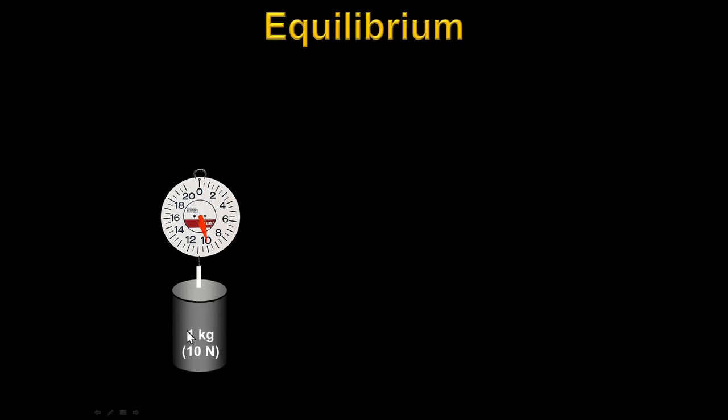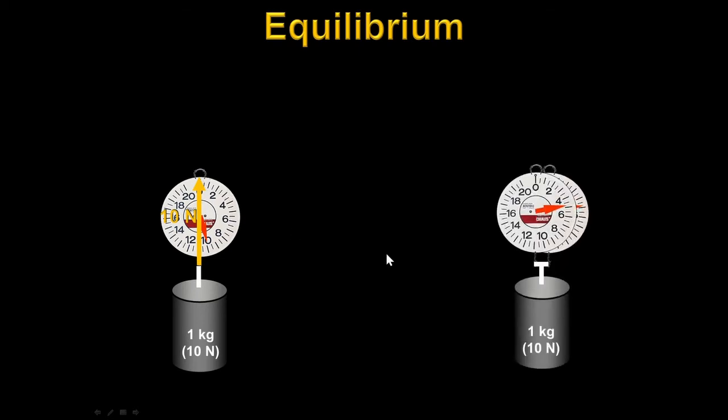Gravity's pulling down with 10 newtons. The scale must be pulling up with 10 newtons. Just like the person that was hanging from 2 arms, if I had 2 separate scales pulling up on that, gravity's pulling down with 10, each scale would be pulling up with 5. So the total up and the down all add to 0.